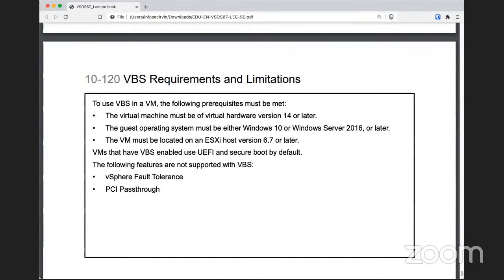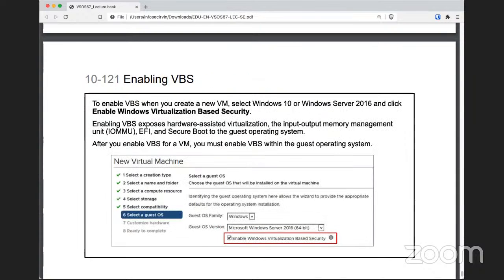It has some requirements and it has some limitations since it's more of a Microsoft technology than a VMware technology. You can enable it when you set up a Windows system. You'll see that little checkbox. You won't see it for other OSs, but you'll see it for those.